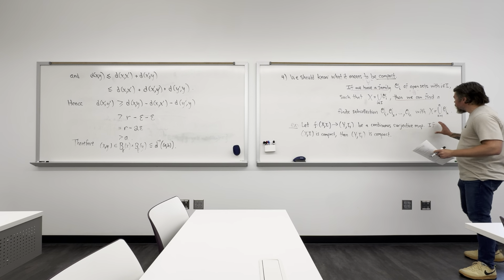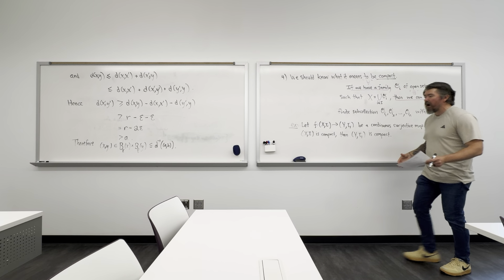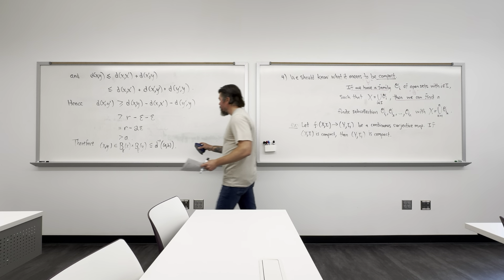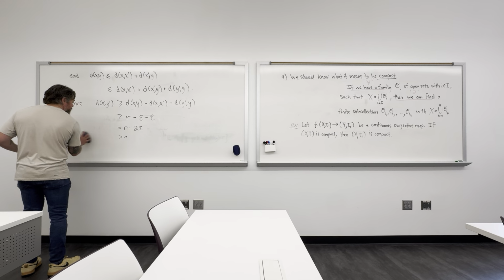This is a very, very nice statement that says the continuous image of a compact space is compact. We've used that a lot here. That's a really nice statement to know and be able to prove.